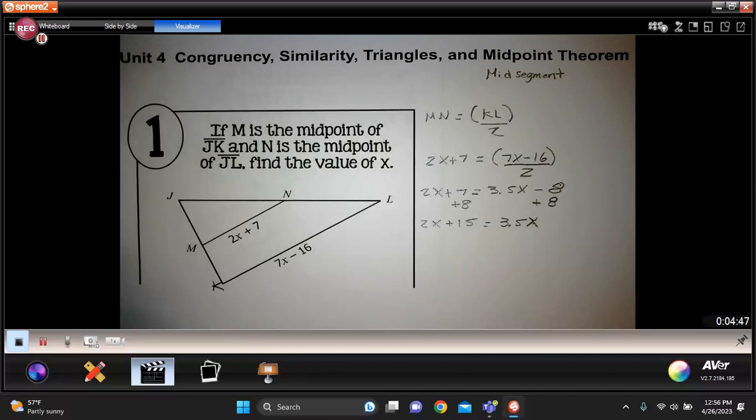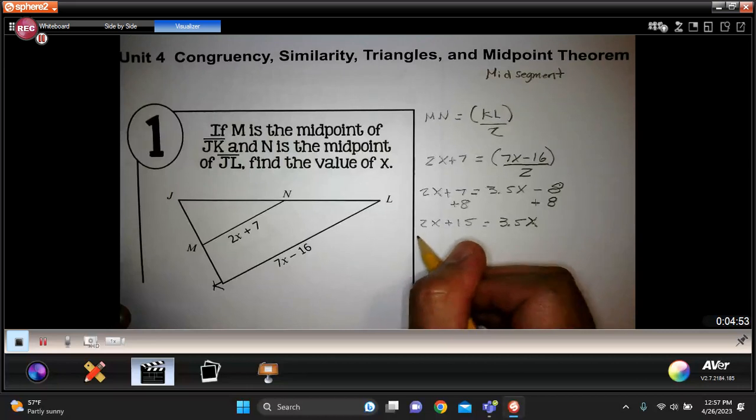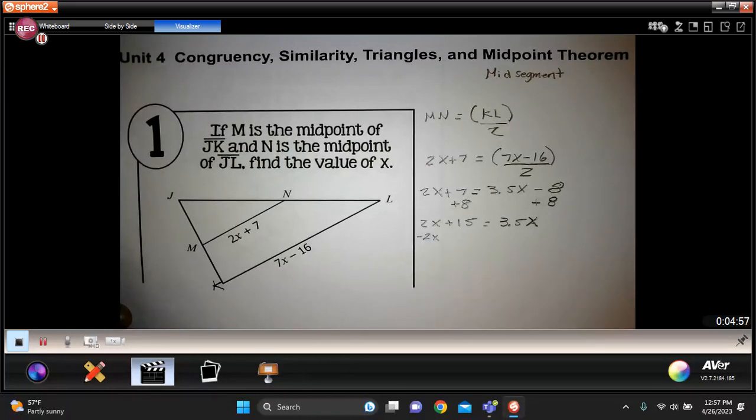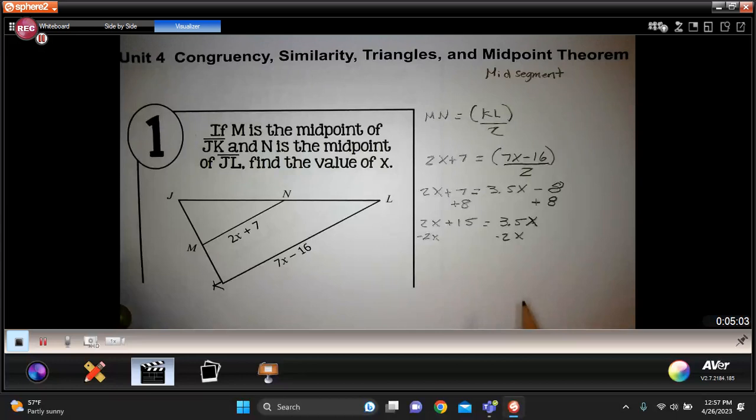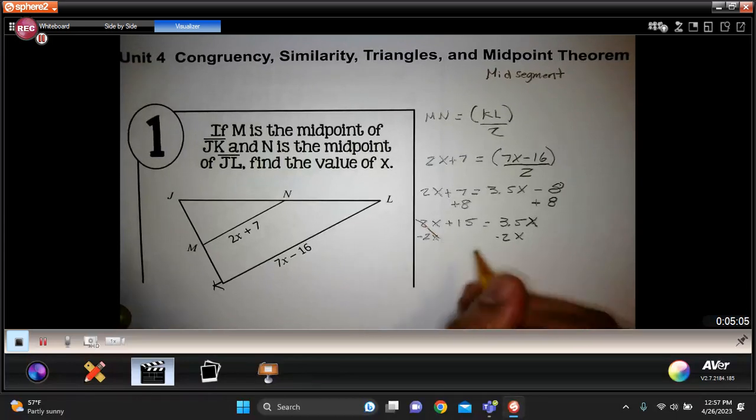Now what I need to do is, I need only one x, so now I can take away my little x from my big X on both sides. In order for me to cancel this x here, I already canceled this with here.